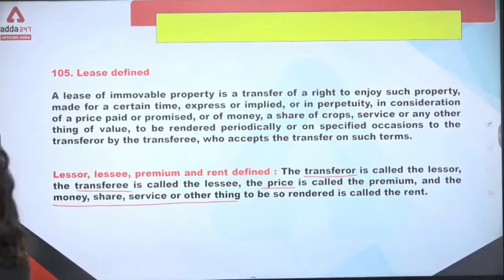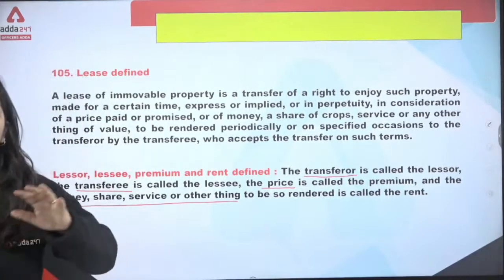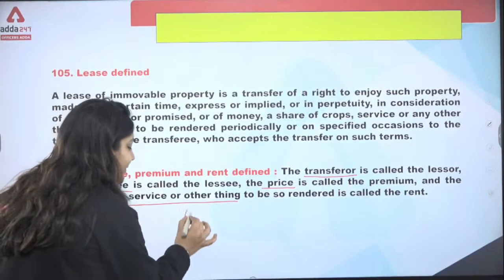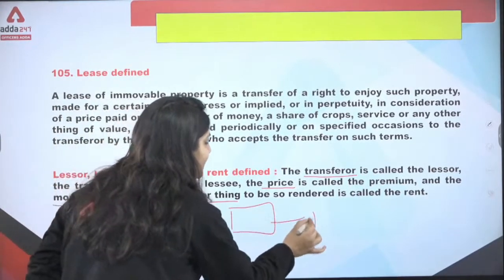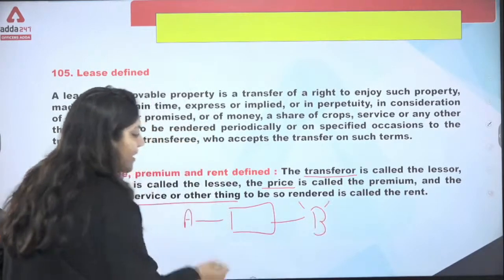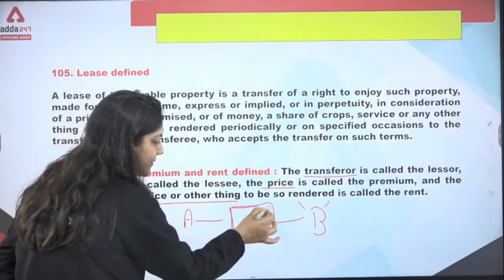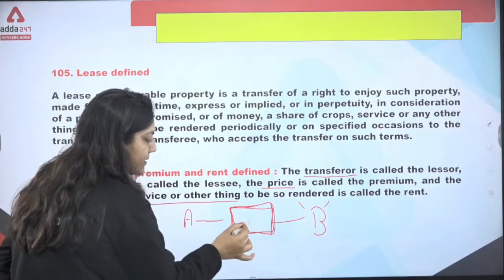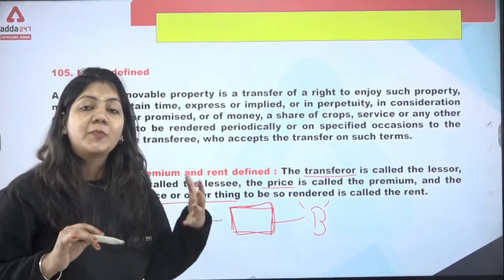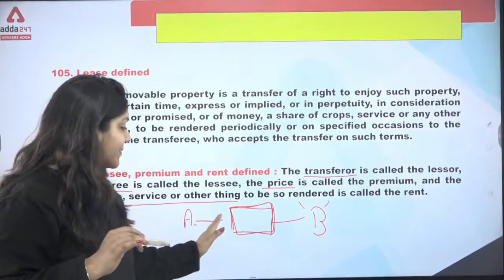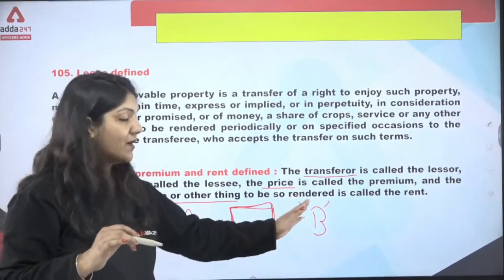Lease means simply, suppose this is the A person, a flat is there, B person has purchased that flat. So in this one, lease means for the permanent period of time, this A person has transferred the possession to the B person.